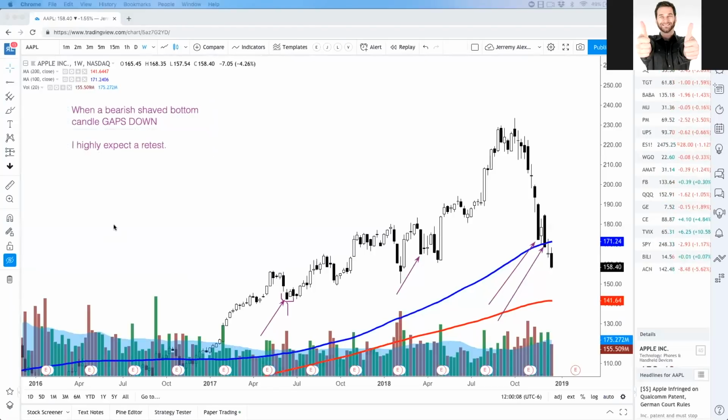So just like the shaved top candle, a bullish shaved top candle that gaps up, when I have a bearish shaved bottom candle gapping down, I am not going to play that initial gap down. I'm going to expect it to retest before it rolls over.